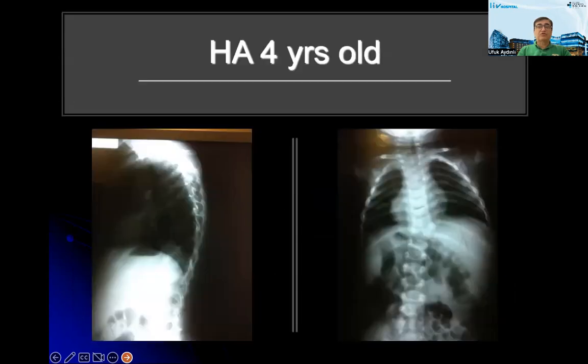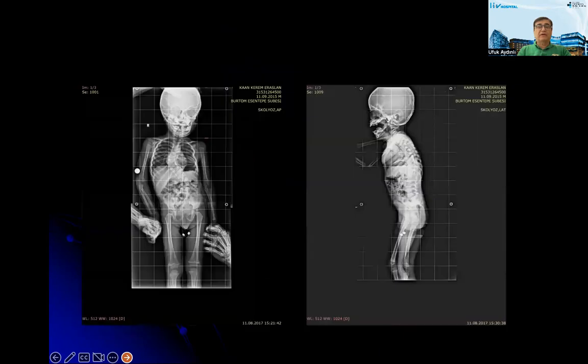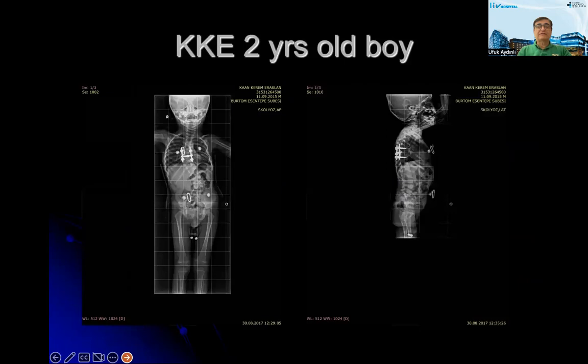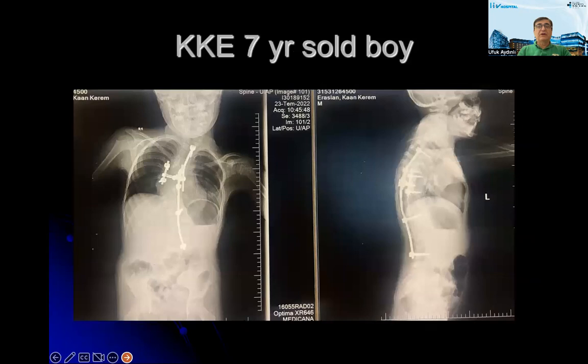And this is a 4-year-old boy with hemivertebra, and this is the progression, and this is again a 2-year-old boy operated with hemivertebral excision. Even though we performed the hemivertebral excision, you will see that now he is 7 years old, 5 years after the surgery, but the remaining curve should be addressed with the growing rod technique.